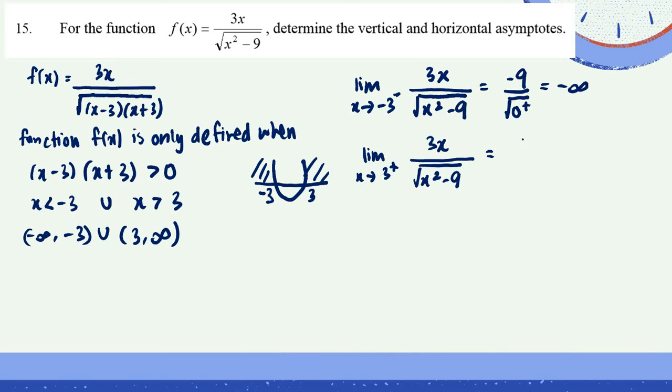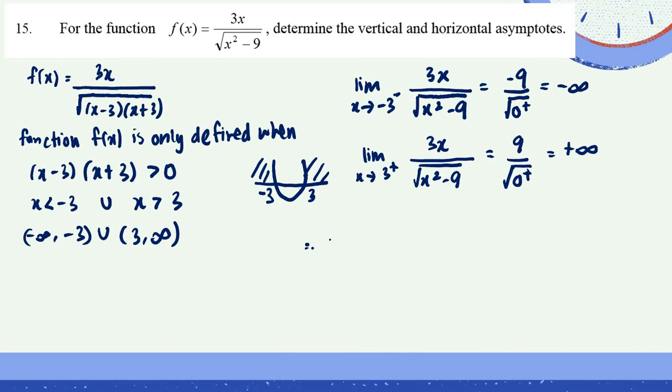Substituting this value, we get positive 9 divided by 0 from the right, which is positive 0. That gives a positive value, positive infinity. If you want to double confirm, you can check with the graph, since this is the inverse of the square root function. So that is for the vertical asymptotes.